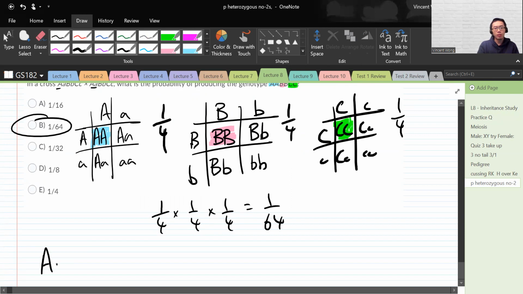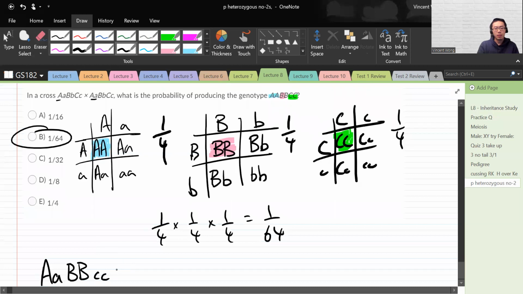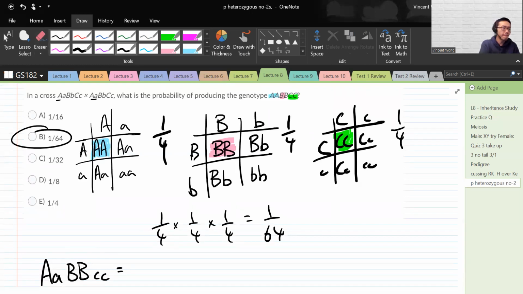What if I want to know the probability of getting this? What's the probability? Same situation. We start with the same parents. What's the probability of getting this?